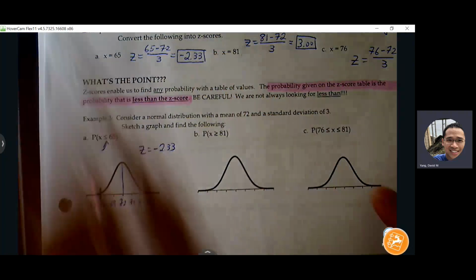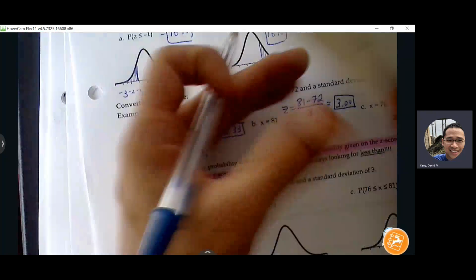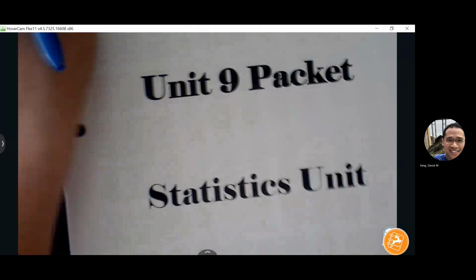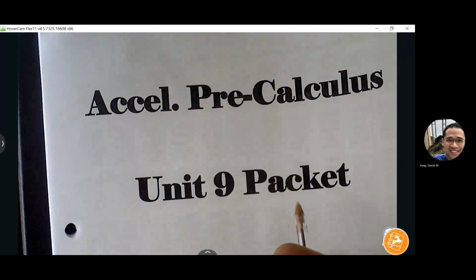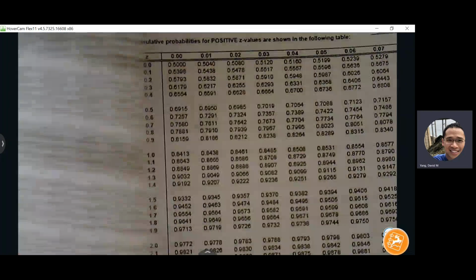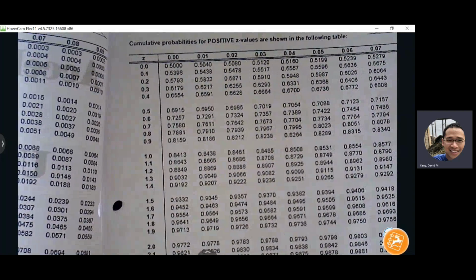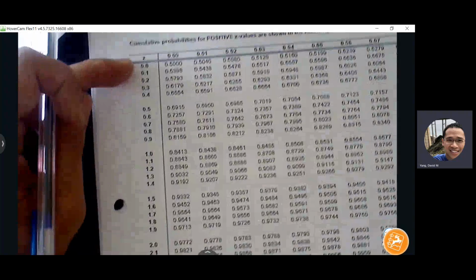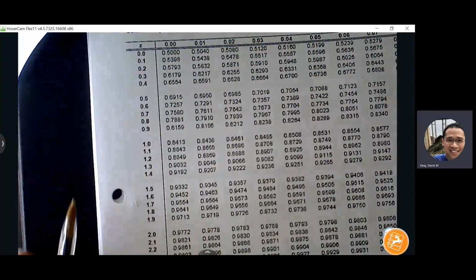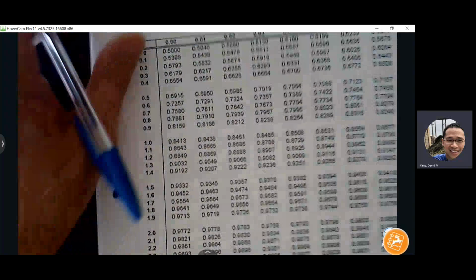Okay, so now I want us to go to the very front of your packet, and we're going to look for -2.33 in the tables here. Notice on the third page everything is positive, but I want a negative z-score, so that's going to be on the second page.